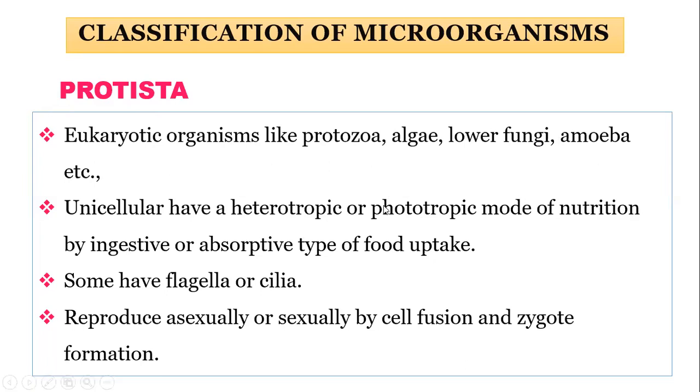Phototrophs depend on a light source for energy. And some of these organisms have flagella or cilia, and they reproduce by asexual reproduction or sexual reproduction by cell fusion and zygote formation.